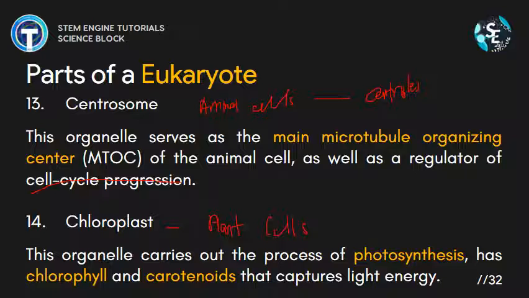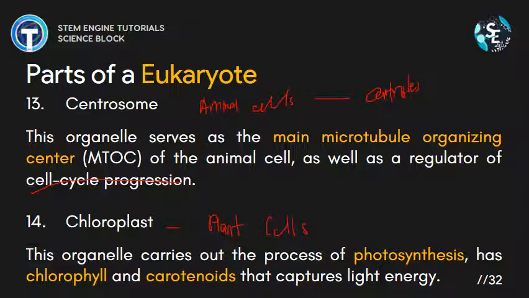Next, let us talk about the centrosome. So centrosome is found in animal cells only. So animal cells lang siya. This organelle serves as the main microtubule organizing center or MTOC of the animal cell, as well as a regulator of the cell cycle progression.